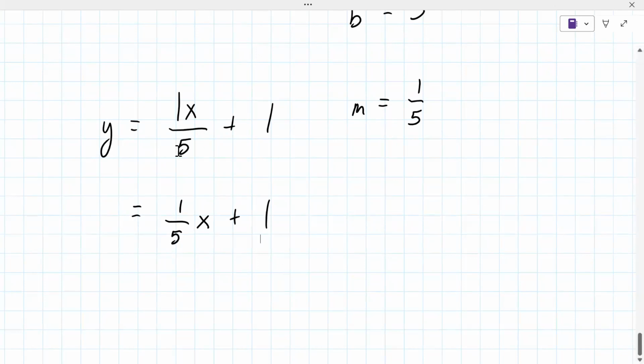These are exactly the same. They're just written differently. So the b value is then 1.